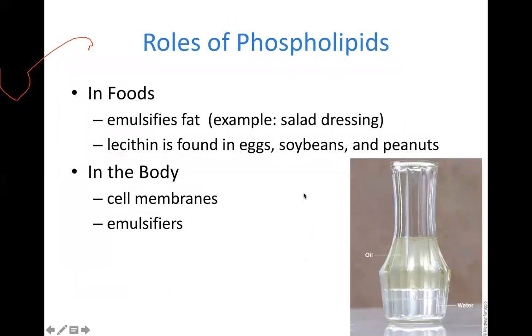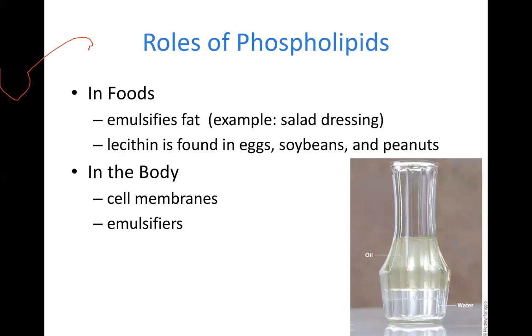So in foods, they can help emulsify fat, meaning bring fat into liquid. So an example of a fat that is not emulsified is oil and water, or you could also do oil and vinegar, say if you're making a homemade salad dressing. If you just add oil to water or oil to vinegar, the oil will float on the top and it won't evenly mix.